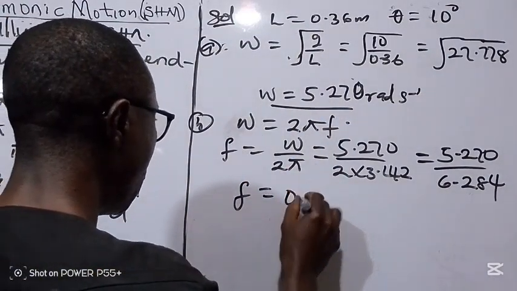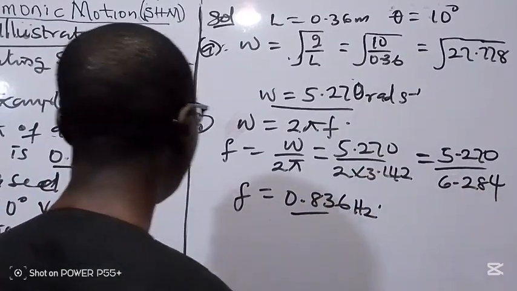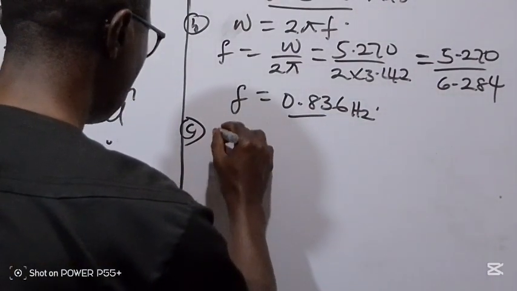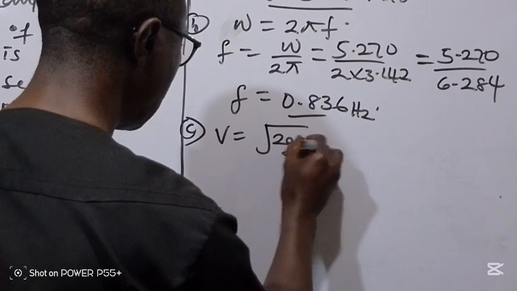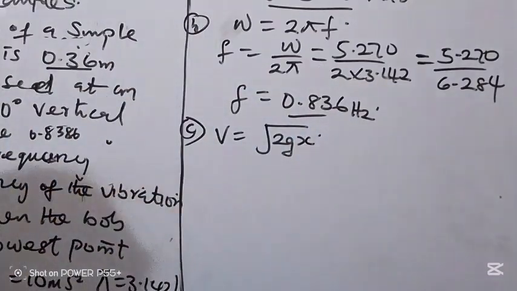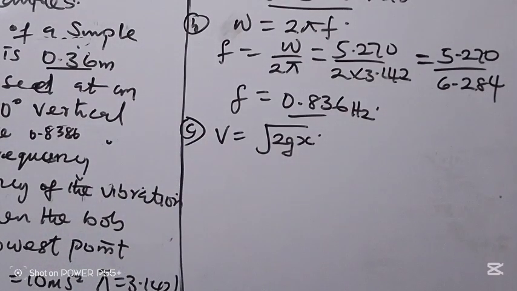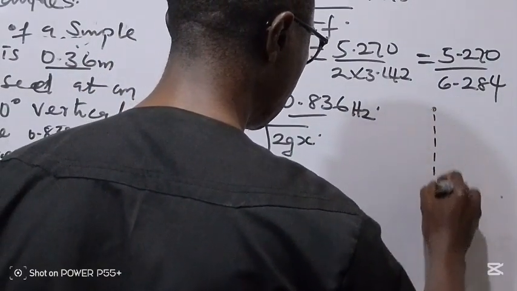The next is speed, which is equal to the square root of 2gs, when we pass through the lowest point. G is given, but s is not known. But we can calculate s from our drawing. This is the pendulum, this is the equilibrium position, this is the pendulum as it swings to and fro.